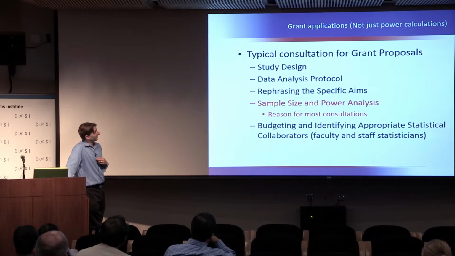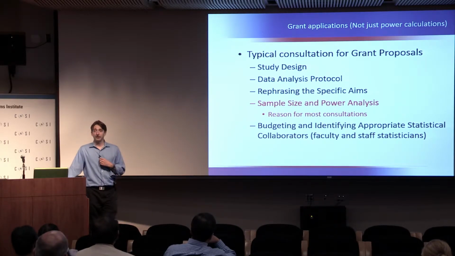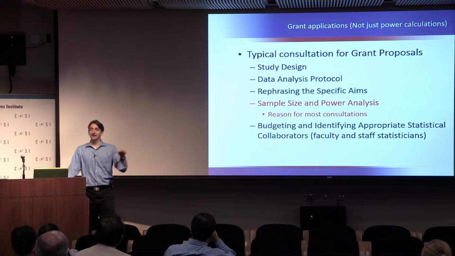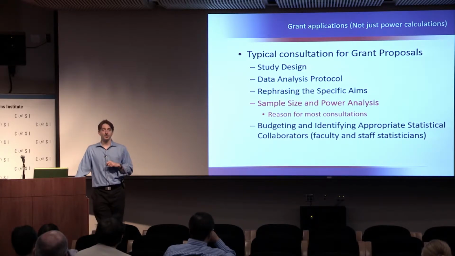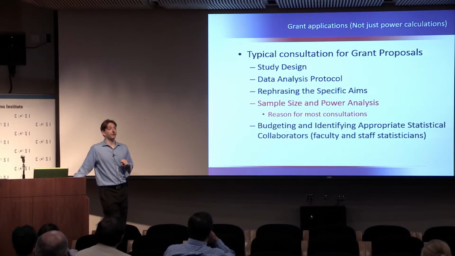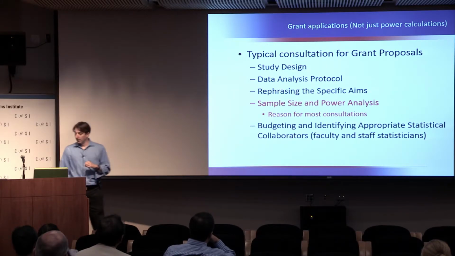Most of the time people say, well, I just need a power calculation, tell me what the right number is. And that's exactly the wrong approach to take, because that only becomes possible at the end of a long process of really understanding what the right thing to do is.